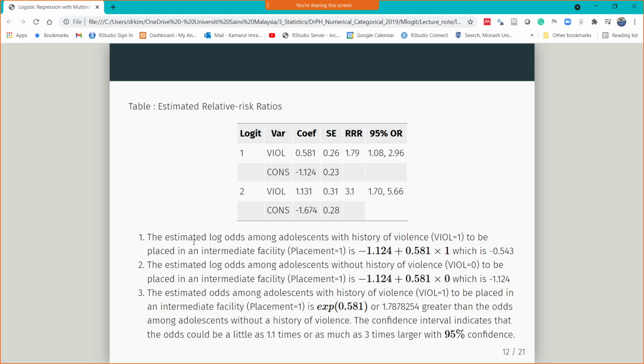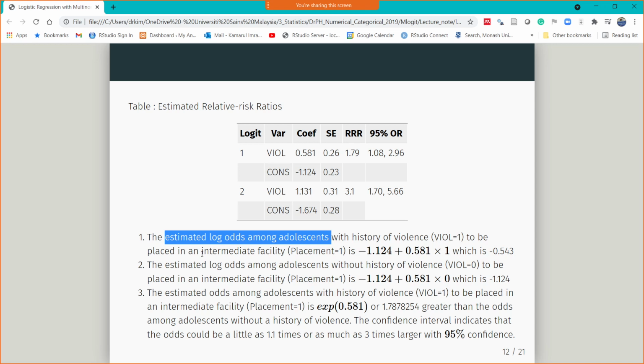So for example, if you look here, this is the log odds, right? So the estimated log odds. The sample here are adolescents, and the data is looking at the risk factors for placement in a facility.